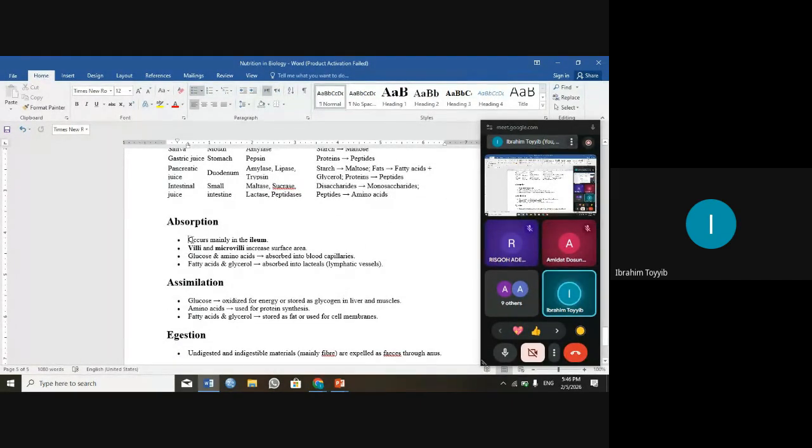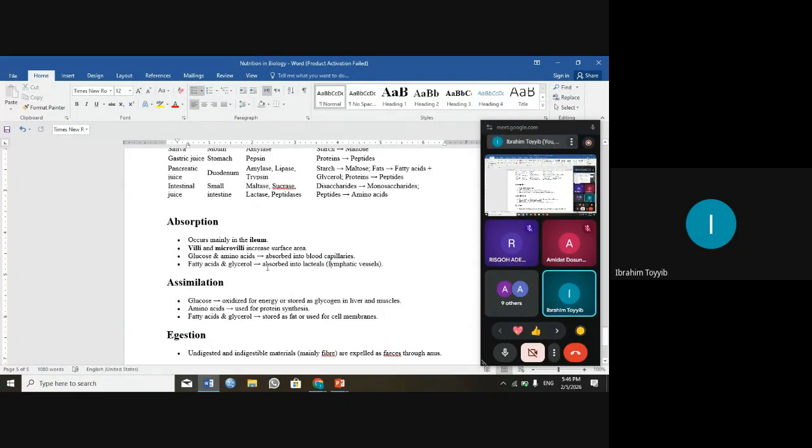So this is the absorption. We've talked about this. The glucose and the amino acid, which are the end product, will be absorbed into the blood by what? By the blood capillaries, that is blood vessels. While fatty acid and glycerol will be absorbed into what? Lacteals, the lymphatic vessels.